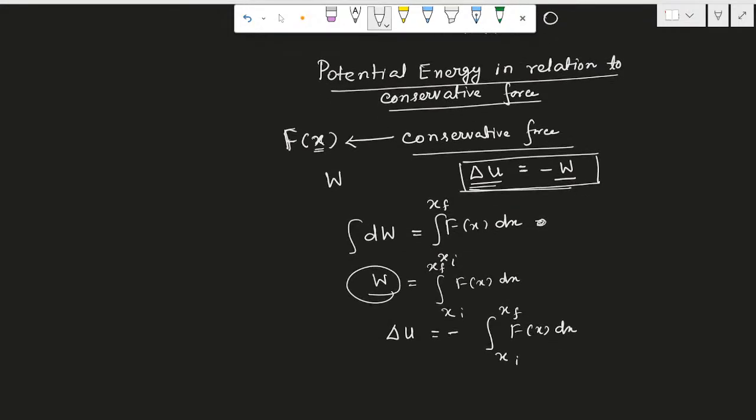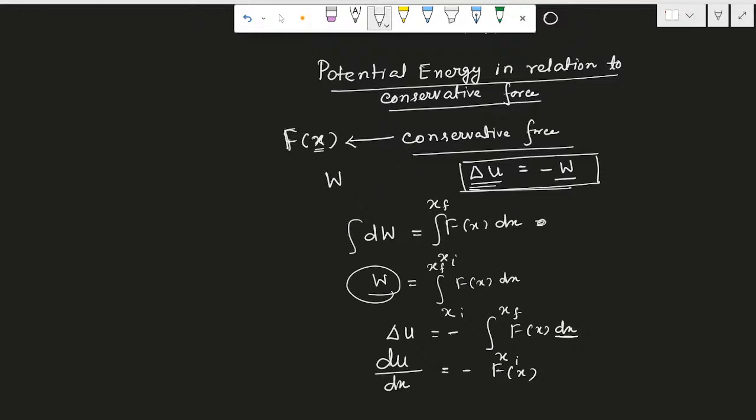Now we need to differentiate this equation. How do you differentiate it? Simply, delta becomes dU, and dx goes below, so dU by dx is equal to minus f of x.